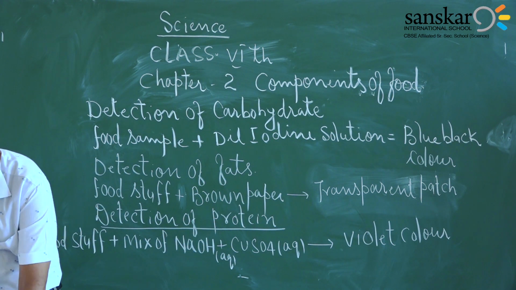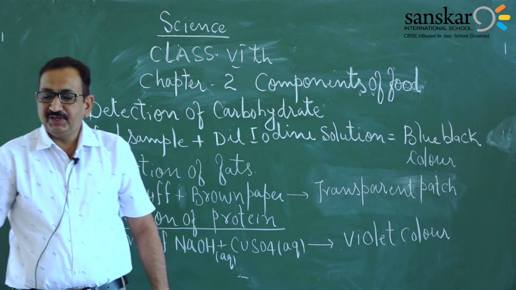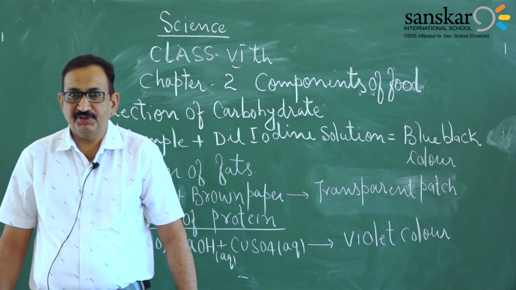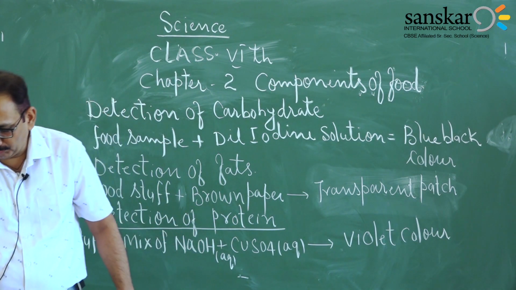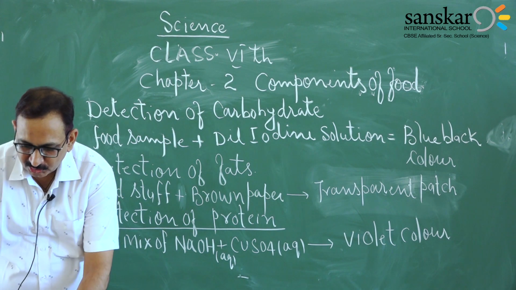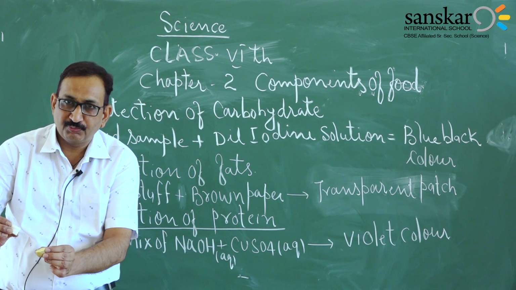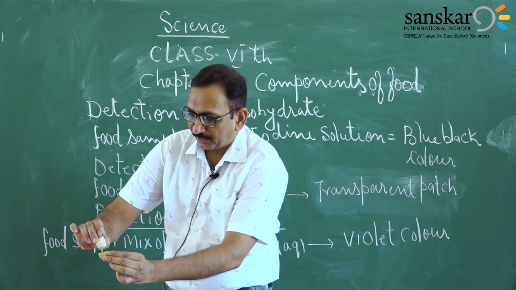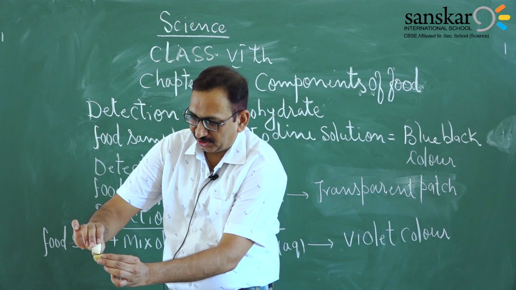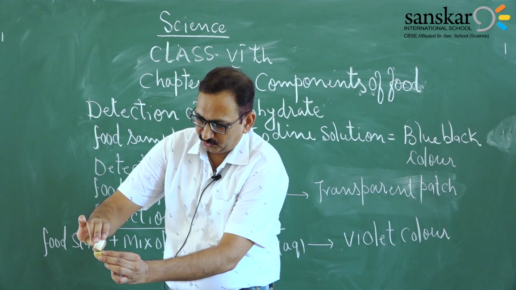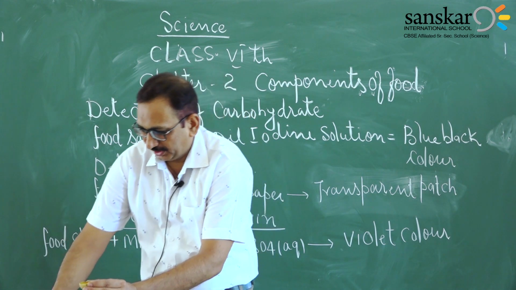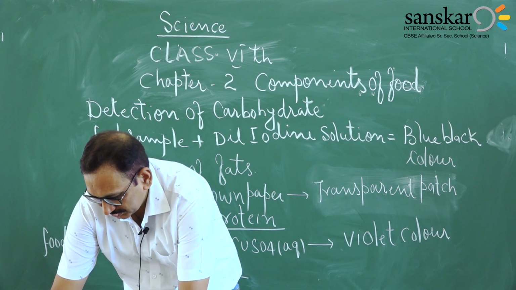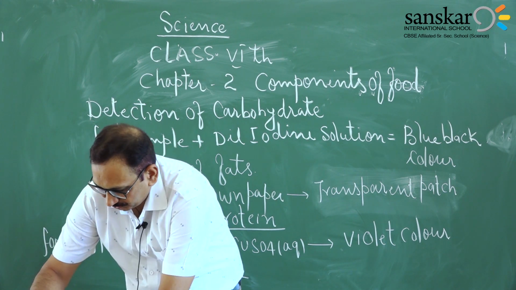Actually, we have to take this iodine solution with the help of a dropper. The dropper I am missing, students, but no problem. I put 2 or 3 drops on the surface of the potato and wait for the result. The result will appear very soon.